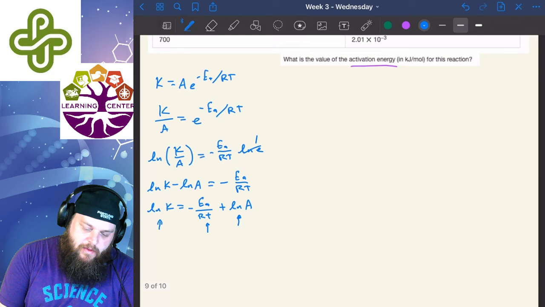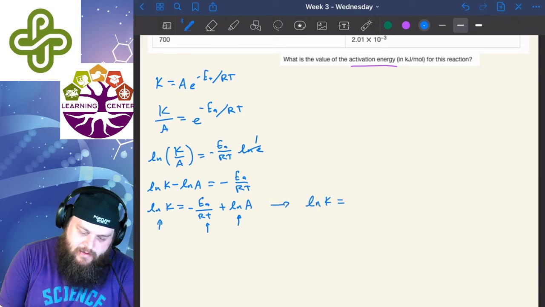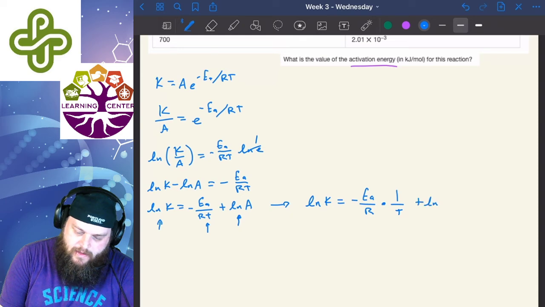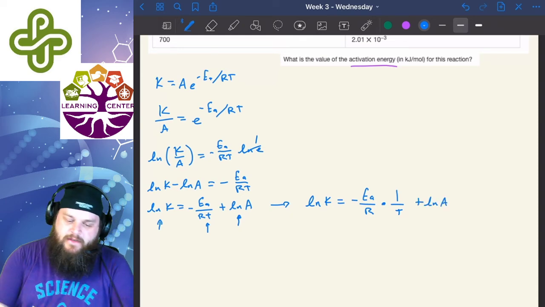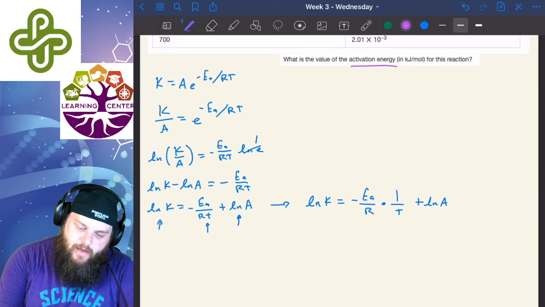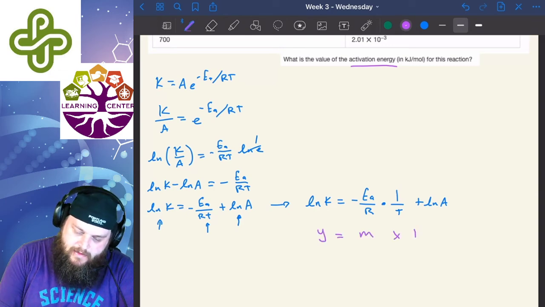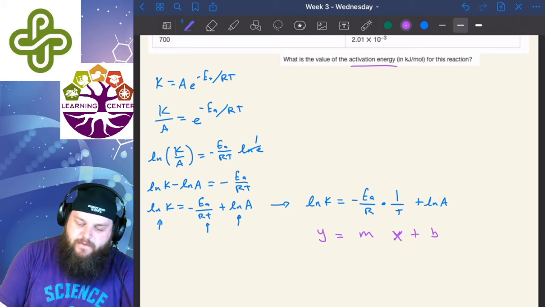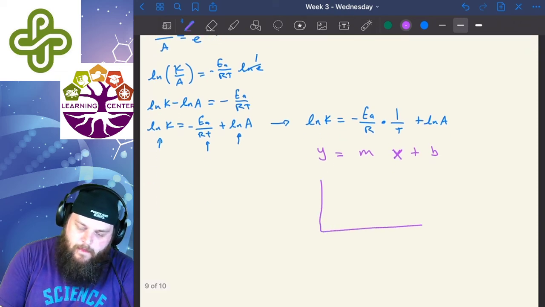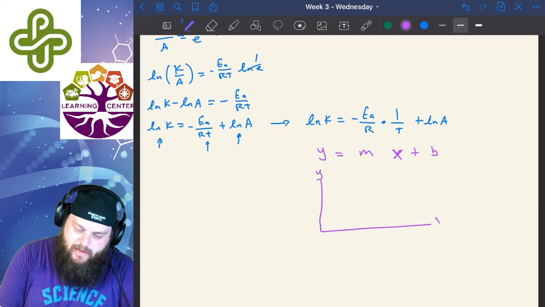So we can rewrite this as the natural log of k is equal to negative Ea over R times 1 over T plus the natural log of A. And this is important because now we get this linear form, where y is equal to mx plus b. So if we were to plot this on a graph, this is my y-axis and this is my x-axis.